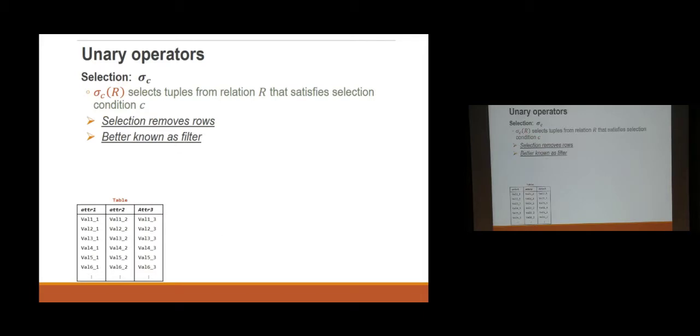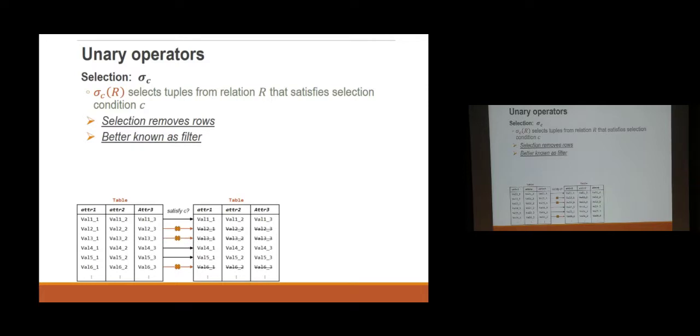Okay, so it's always good to have examples. For the first one here, let's say we have an example table. The way it works is that you filter out what you do not need. Let's say you have a condition C. For each row, you check whether it satisfies C. If it does not satisfy, you don't include it; you just cross it out.